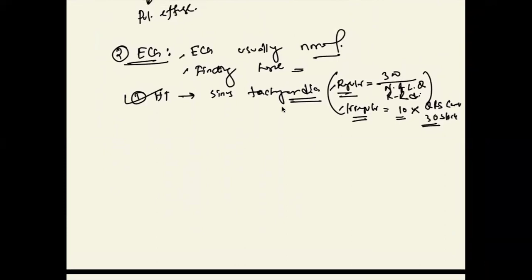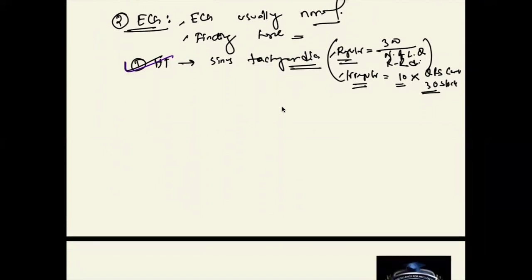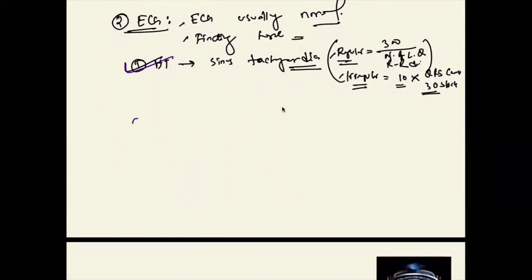Come to our point. So one is sinus tachycardia. The second point is there will be right ventricular strain. In case of sinus tachycardia, always remember there will be 49% sinus tachycardia. And in case of right ventricular strain, there will be 34% right ventricular strain.